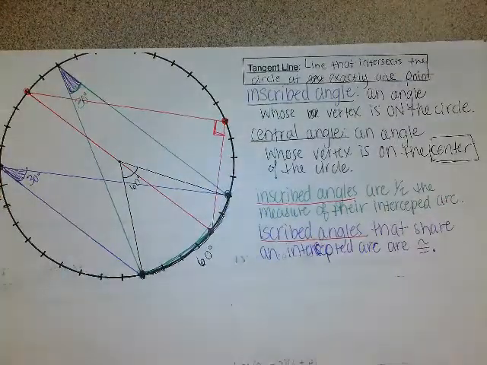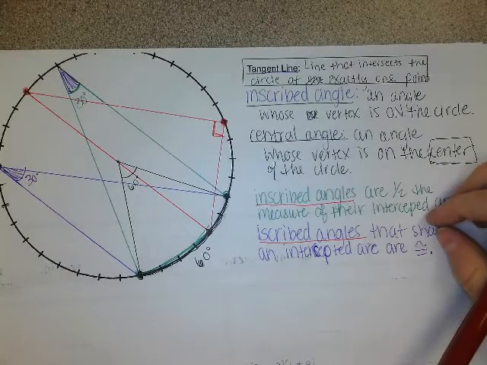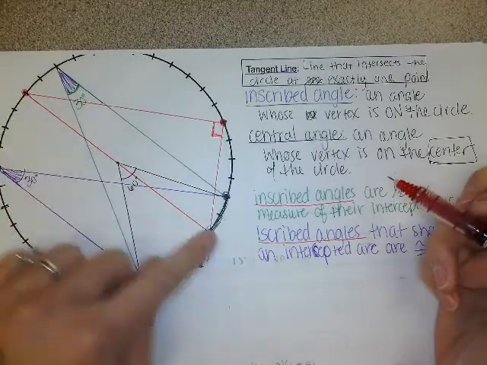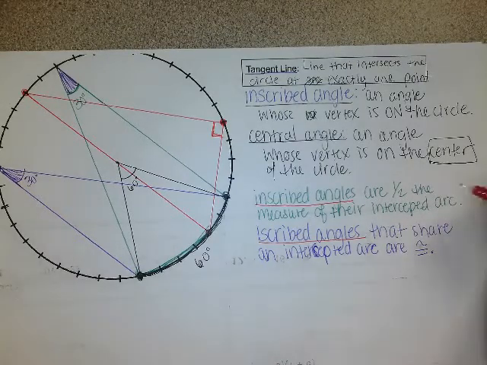What does the diameter do to the circle? Cuts it in half. Okay. All right. So it splits it in half, right? So what's half of the circle? 180, and then half of that would be 90. Okay?